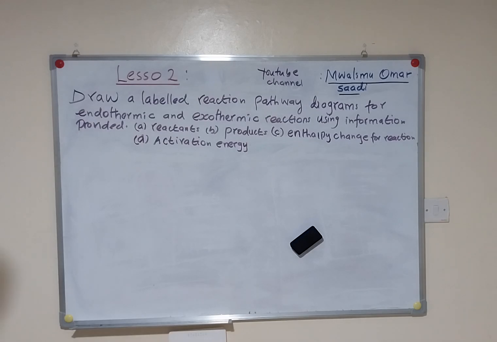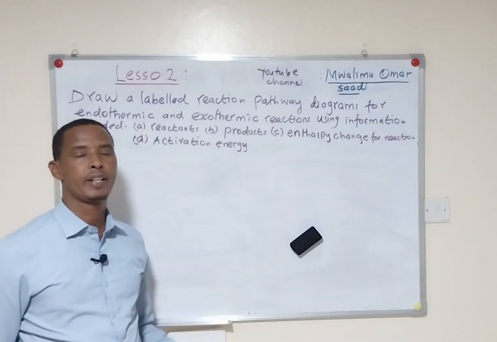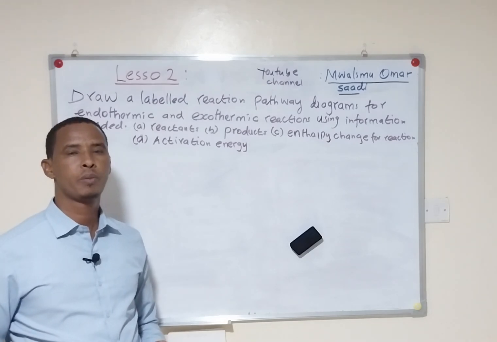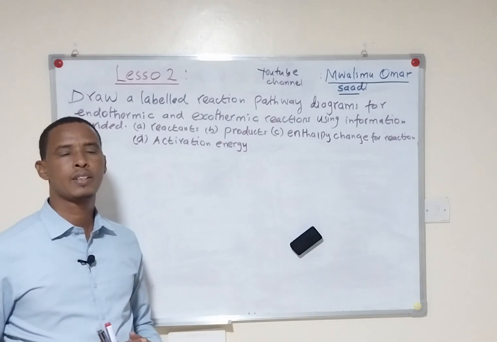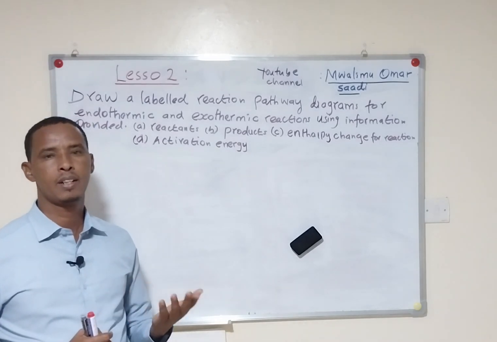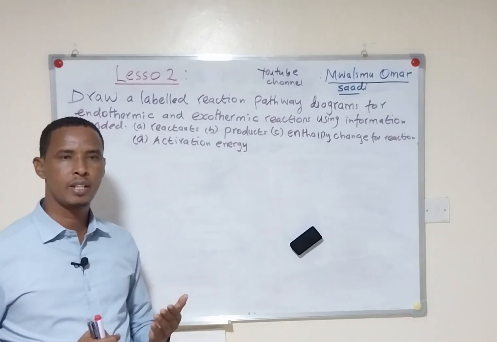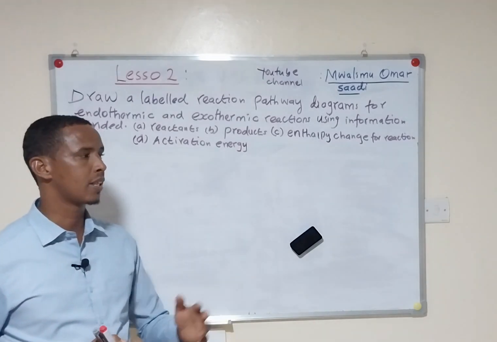So in the previous video, we have seen some introduction to endothermic and exothermic reactions, whereby we said an endothermic reaction is a chemical reaction that absorbs heat energy from the surroundings, and an exothermic reaction is a chemical reaction that releases heat energy to the surroundings.